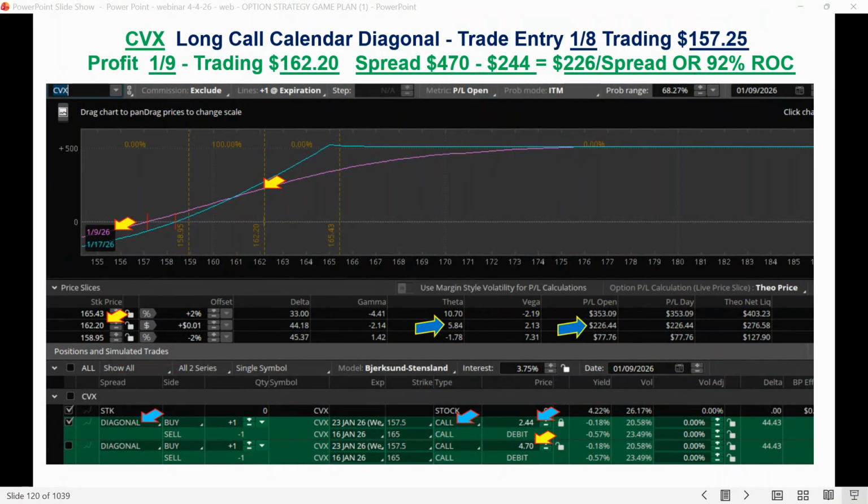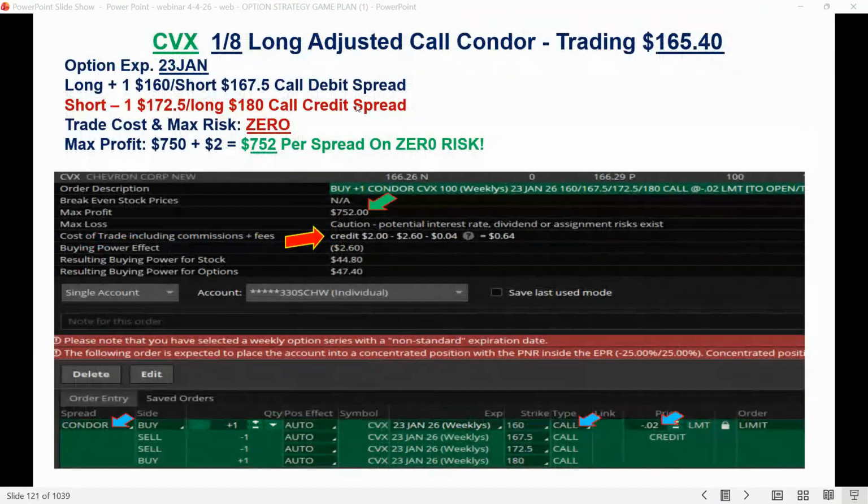But then we adjusted the trade, I believe into a free trade. So we did this into that call condor structure. We rolled the whole spread and made some movements on the long side. So now we adjusted this into the 23 Jan 160, 167.5 call debit spread.